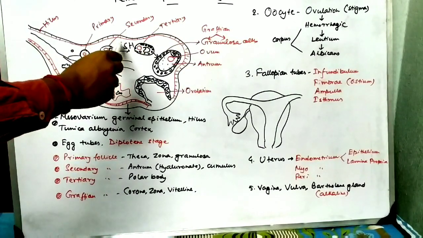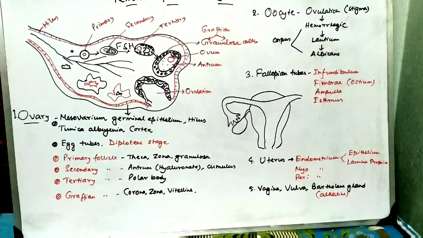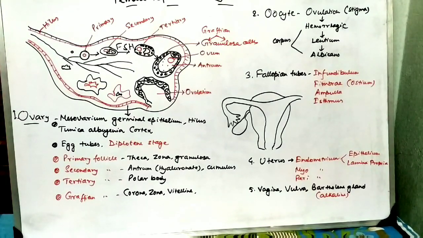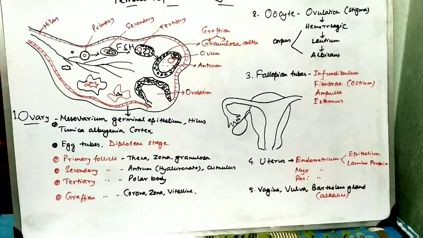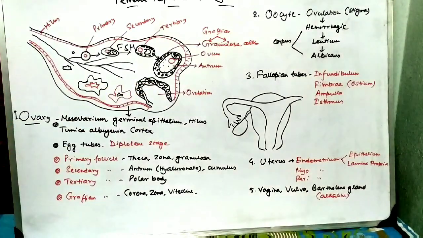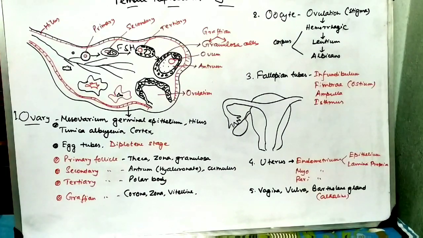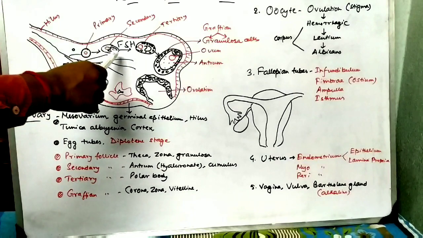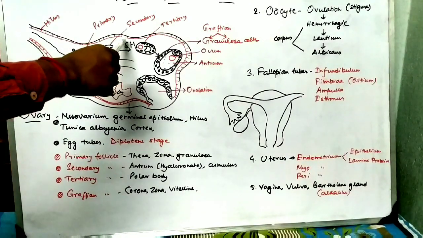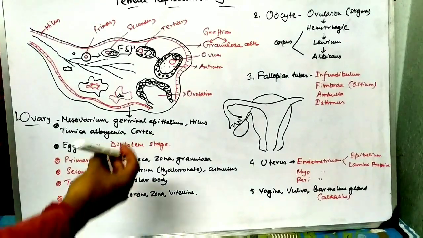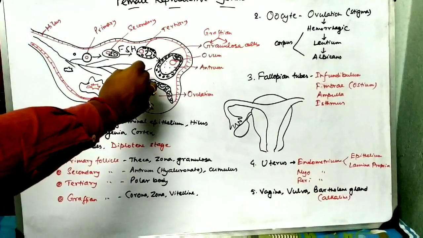So FSH stimulates the estrogen hormone, and estrogen also helps in the meiotic division of the primary oocyte into the secondary oocyte. So now we can call it the secondary oocyte.